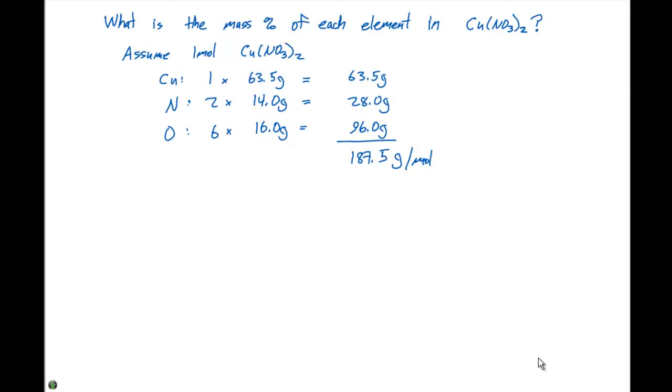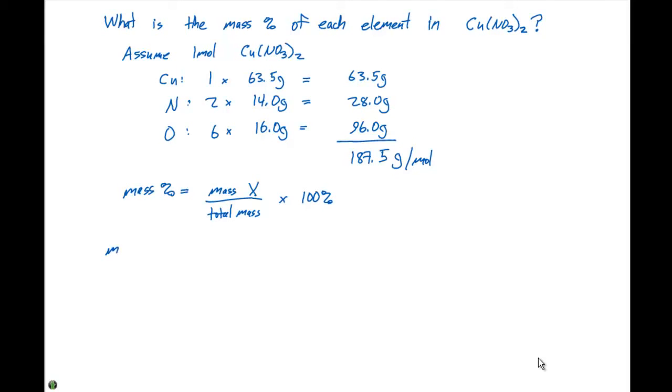Now we can use the mass percent. Our formula for mass percent is going to equal the mass of X divided by the total mass. Then we take this decimal and multiply by 100%.